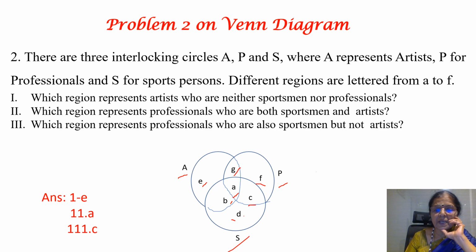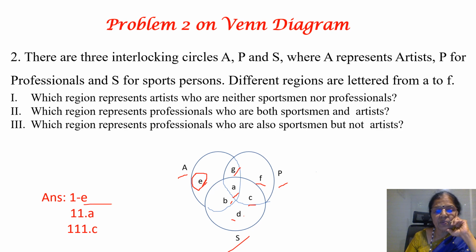There should not be any overlapping between the circle of sportsmen nor with professors. So E is the artist region which contains only artists, who are neither sportsmen nor professors. So E is the correct answer.